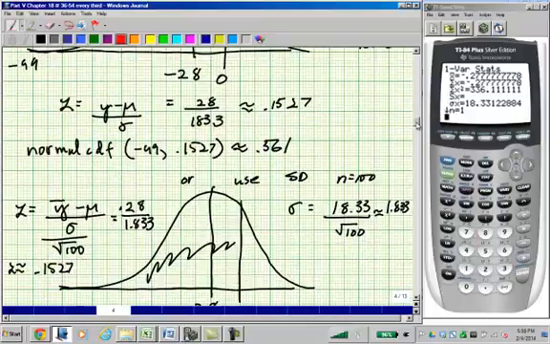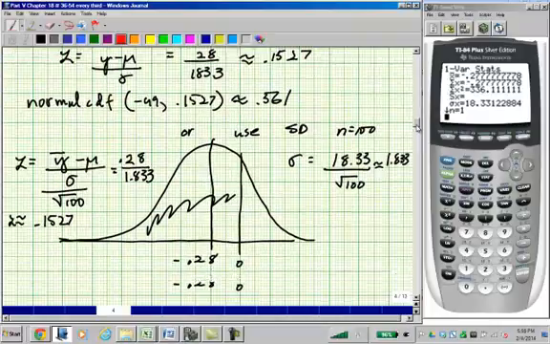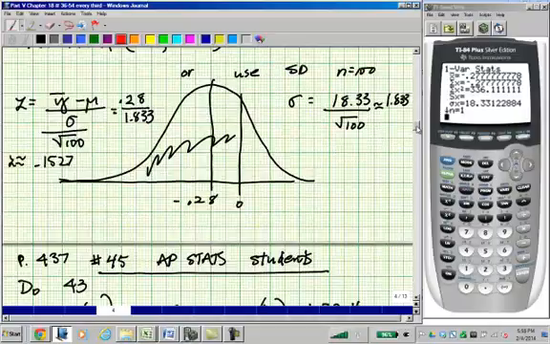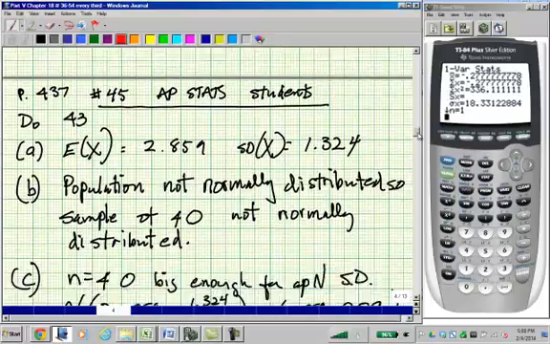Okay. And you can also solve this problem using a sampling distribution, which I do here. And it comes up with the same answer. All right.